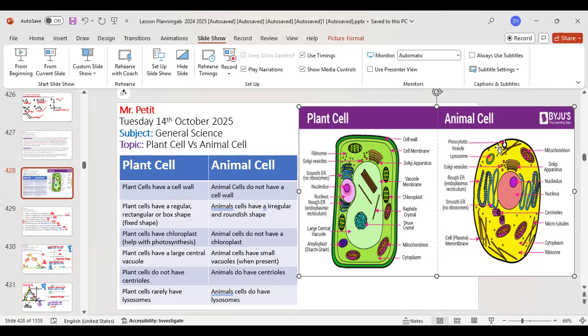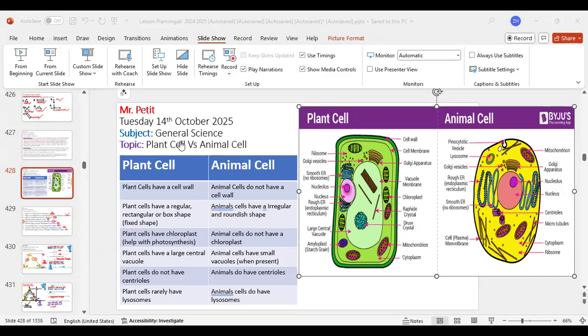Can animal cells burst? Of course, animal cells can burst. There's a whole name for this. I think it's called lysis. Let me get the actual name. Cell bursting. It literally bursts, like when there's too much water.